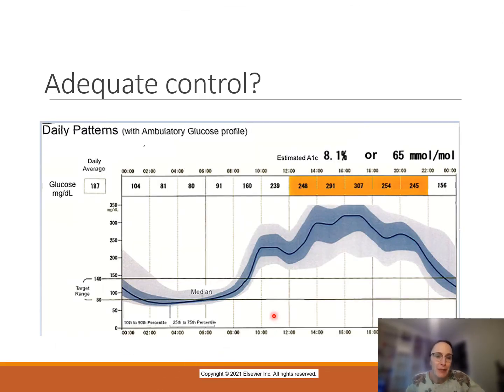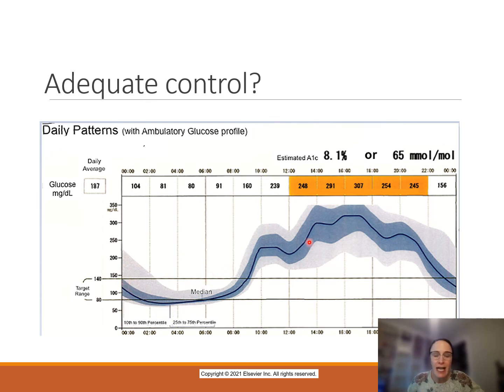This is another example. What providers who are not in diabetes do a lot of the time is, whenever the A1C is high, they crank up the Lantus insulin. Like, oh, I've got you on 1 dose of long-acting insulin, your A1C is still high, I'm going to give you more and more and more. And remember, Lantus or any sort of 24-hour long-acting insulin, if you're dosing it at bedtime and you're trying to fix these blood sugars right here, you're going to keep crashing them if they're having lows overnight.